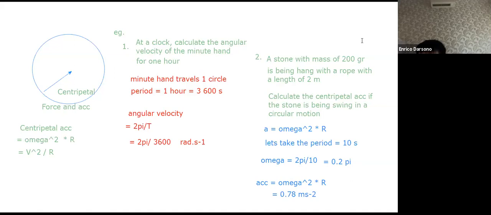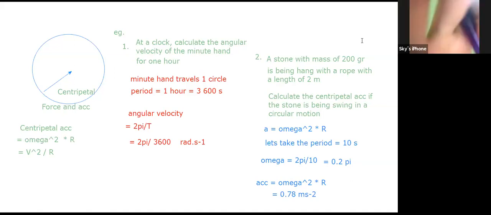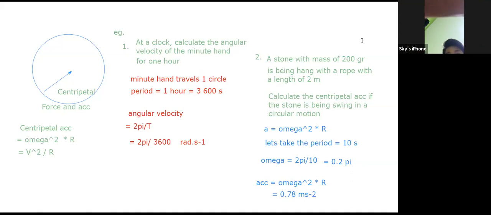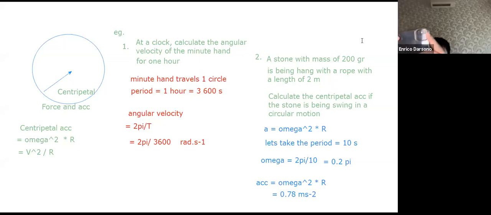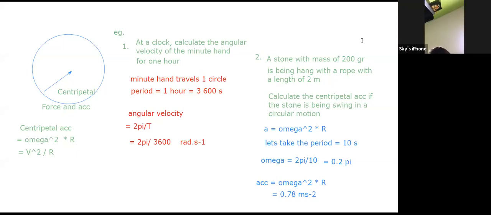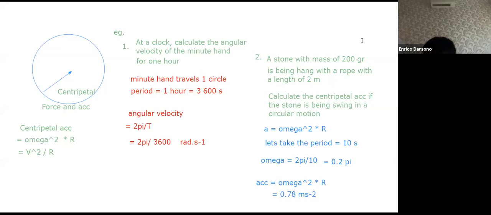No, sir. Oh, okay. You can take a picture of the board version. So this one, first chapter?